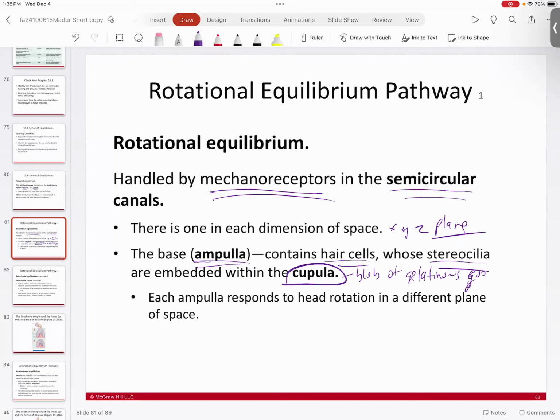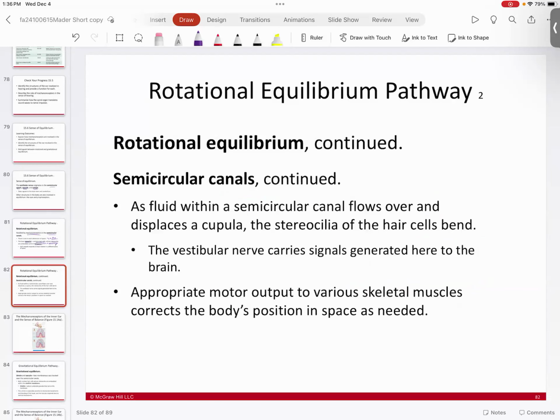Ultimately, if you rotate your head in the X plane, the Y plane, or the Z plane, you will move these stereocilia, and your brain will be able to interpret that movement. In the semicircular canals you have fluid.